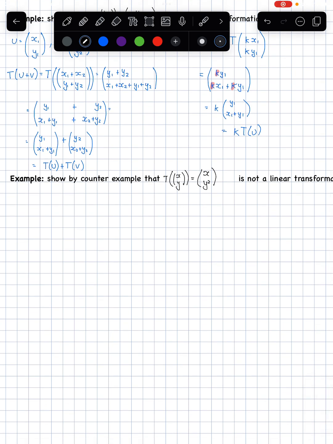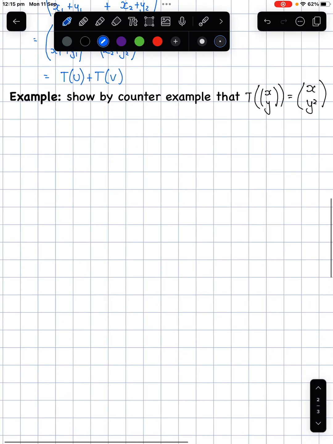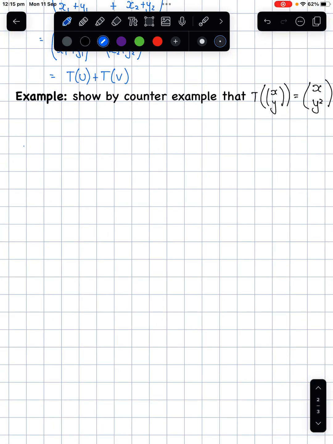Realistically, we could do that, or we could do it as a general form, just like we did before. Either works, but let's actually do it as a general form, because you can look at that example. So let's just do u equals x1, y1, and v equals x2, y2.